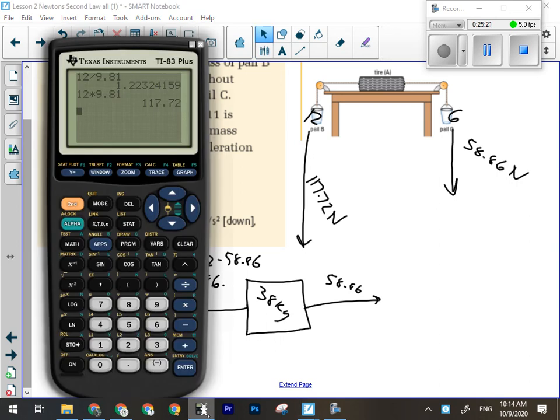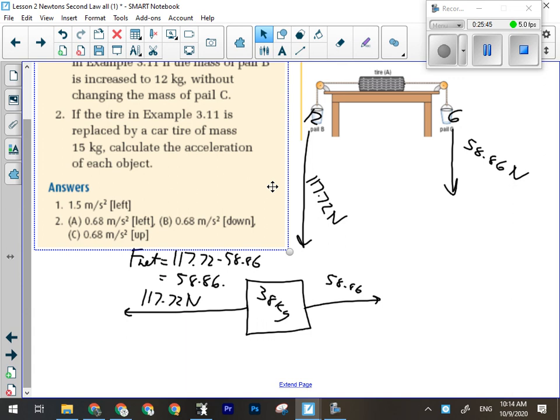Divide that by the mass, 38 kilograms, and our acceleration of the tire will be 1.5 meters per second squared left. They asked for a specific part of the system this time. The tire is going to accelerate in the direction of pail B, that's to the left, so we should put a direction on that.